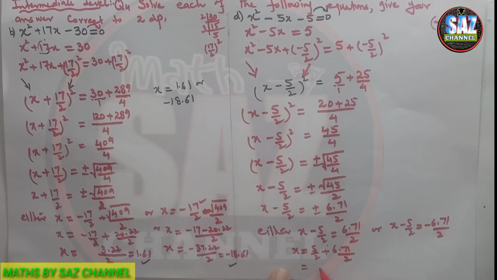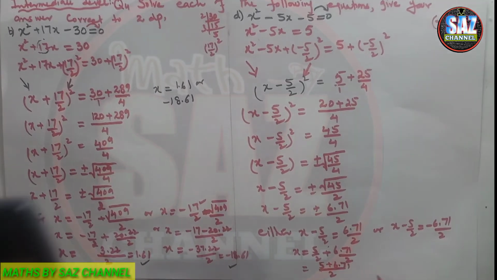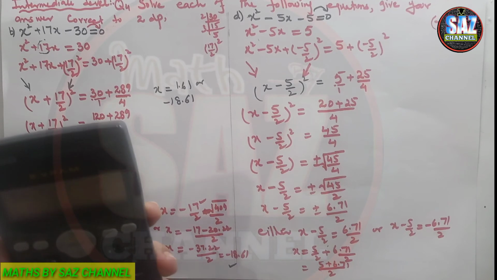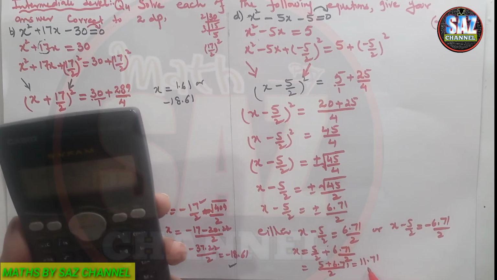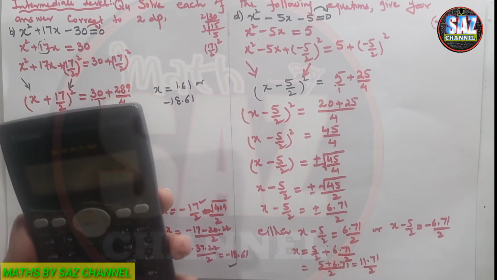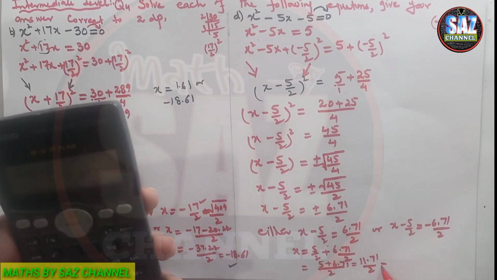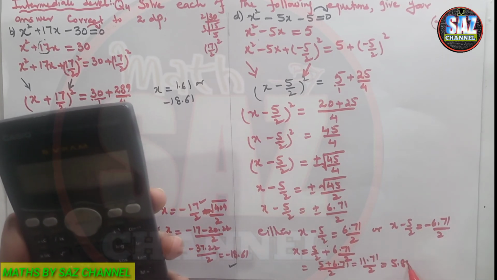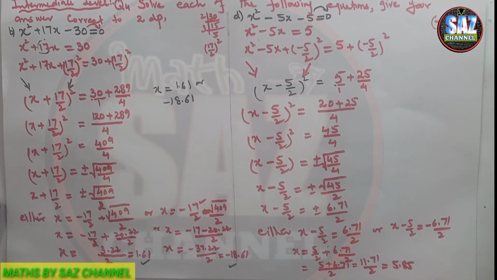Quickly take the LCM. 5 plus 6.71. This will give me 11.71 by 2, divided by 2 will give me 5.85.